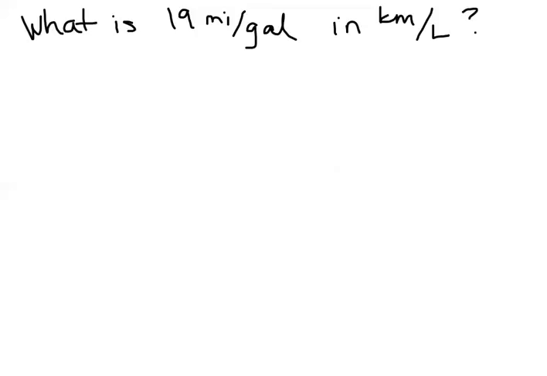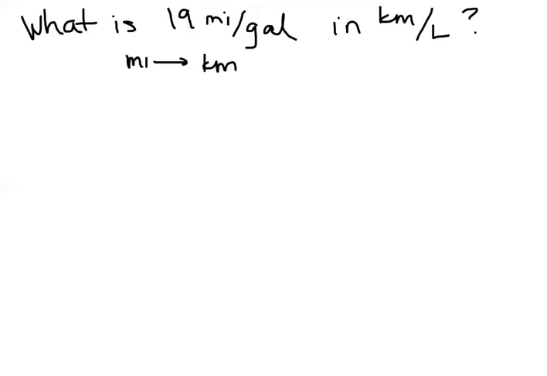So you're going to have a distance conversion and a volumetric conversion. We're going to do that by focusing on the top and then on the bottom. So we have 2 conversions that we're going to put into one calculation, but we're going to do 2 different unit maps. The first unit map is we're just going to go from miles to kilometers.